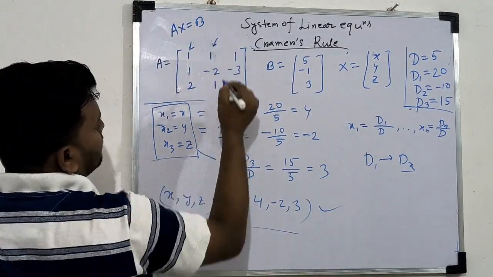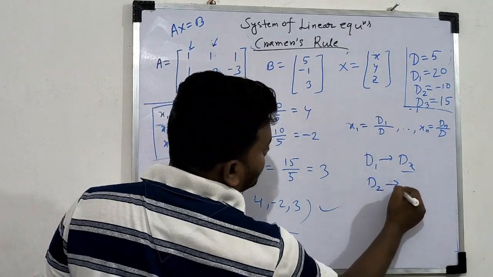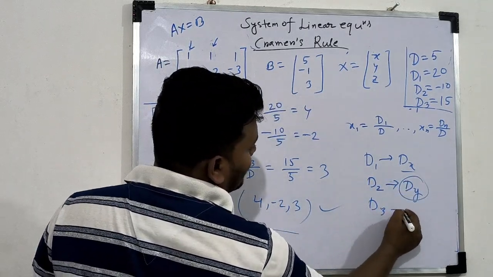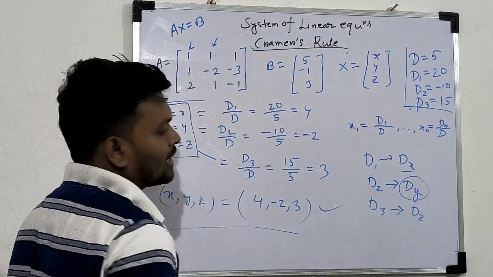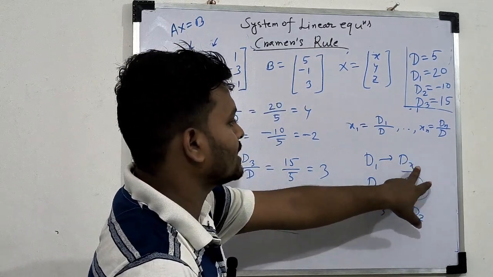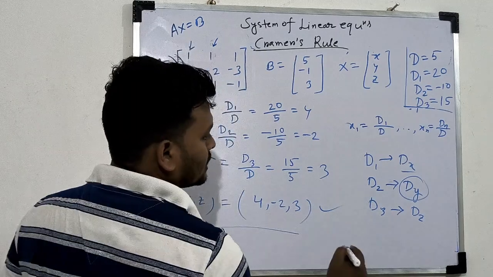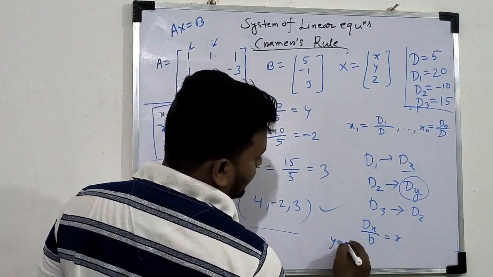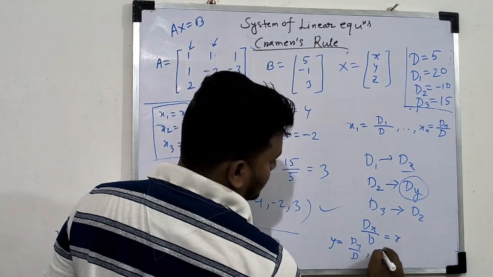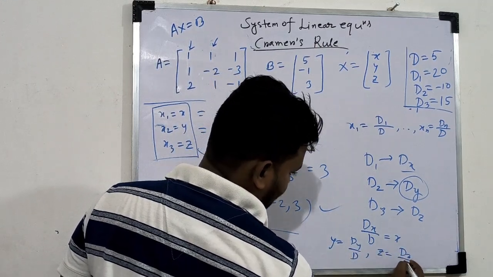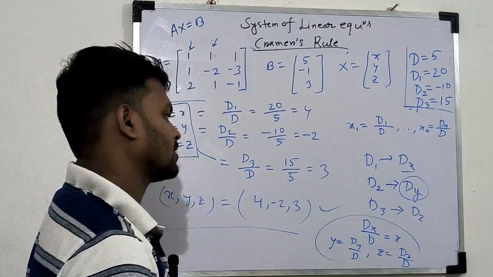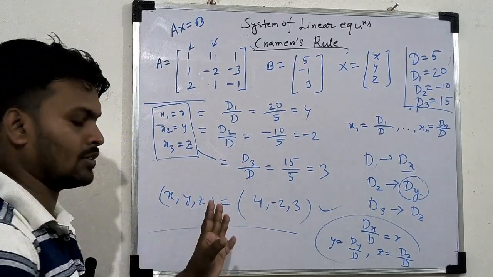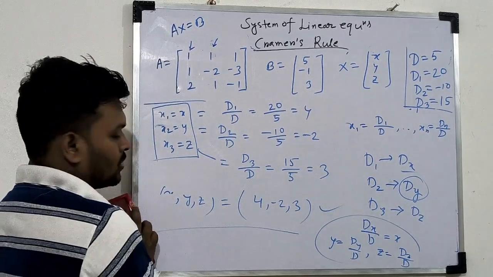If we replace the second column, D2 can be denoted Dy, and D3 can be denoted as Dz, as in our case the unknowns are x, y, z. So then we get x equal to Dx by D, y equal to Dy by D, z equal to Dz by D. It will look nice to understand and remember the formula. So that's it. If you can note, you can note.